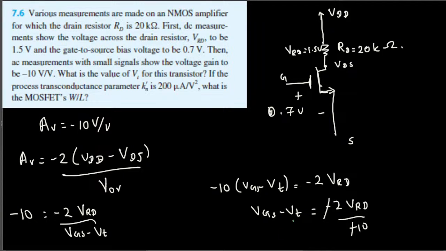And we need the VT, it is currently negative, so I have to move it to the other side. So this is going to be VGS minus VRD by 5, that is equal to VT.